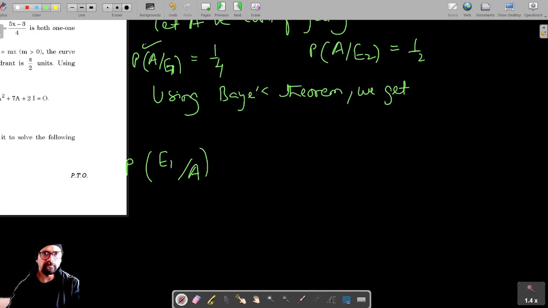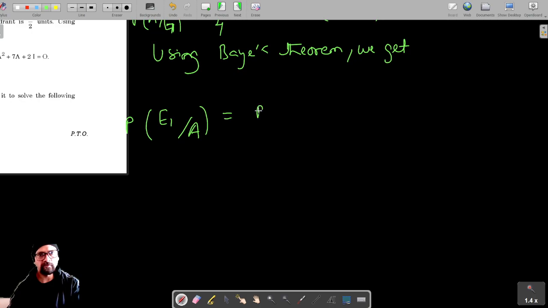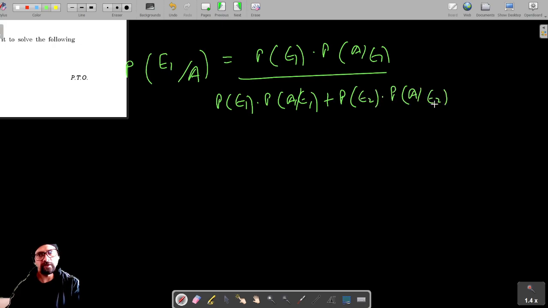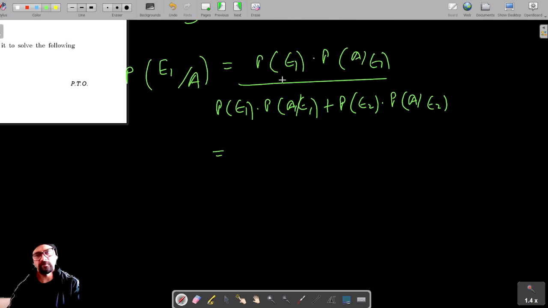So by using Bayes theorem, we get probability of E1 into probability of A by E1, upon probability of E1 into probability of A by E1 plus probability of E2 into probability of A by E2. Let's put in the respective values.